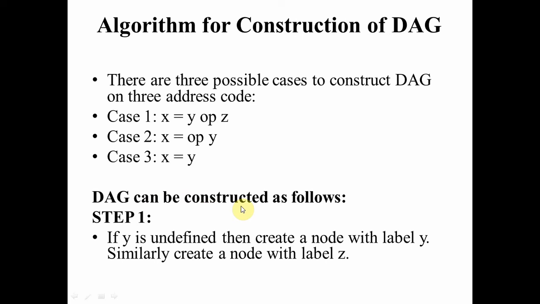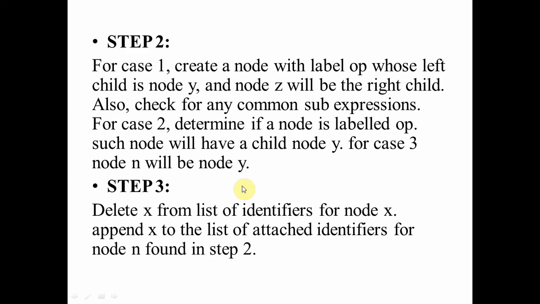So a DAG can be constructed based on the following steps. Step 1: if y is undefined, then create a node with label y. Similarly, create a node with label z. Step 2: create a node with label OP whose left child is node y and node z will be the right child. Also check for any common sub-expressions.